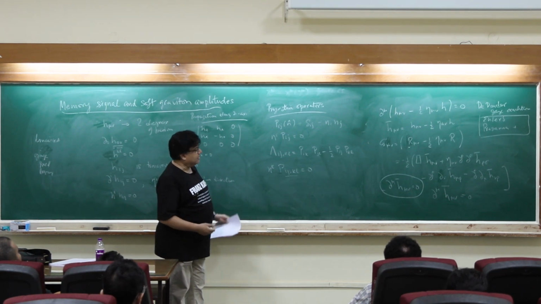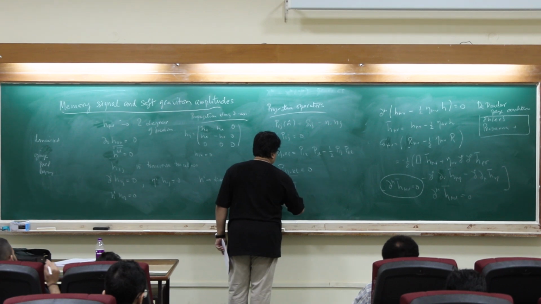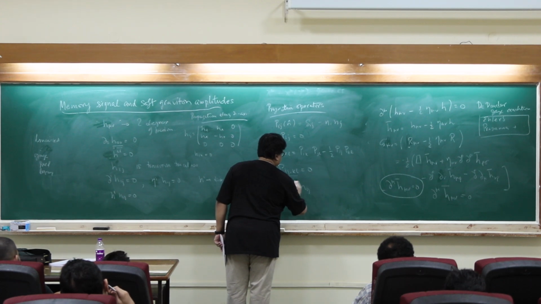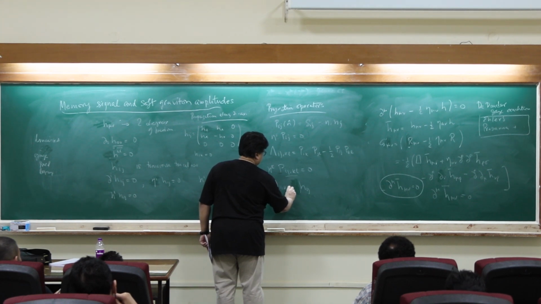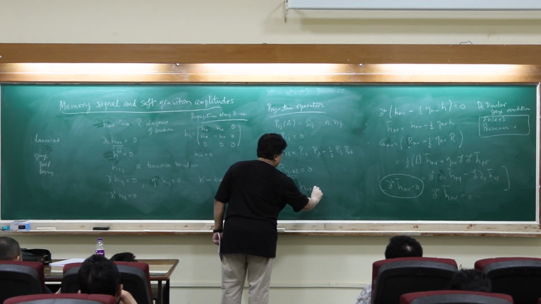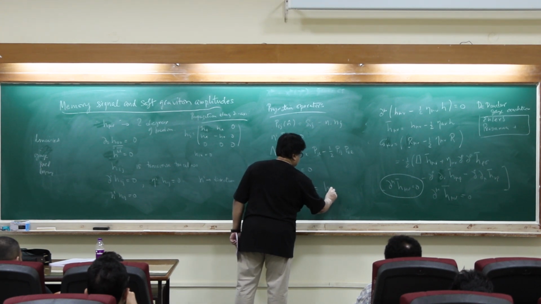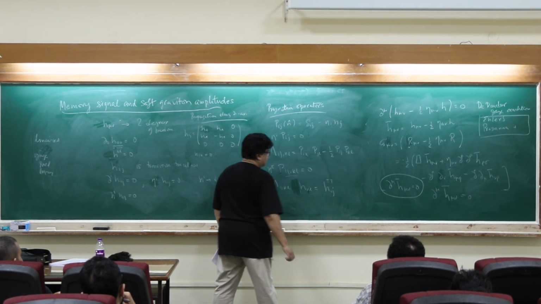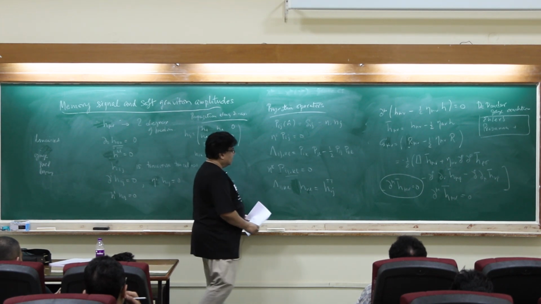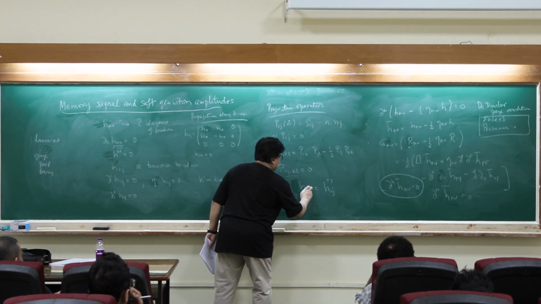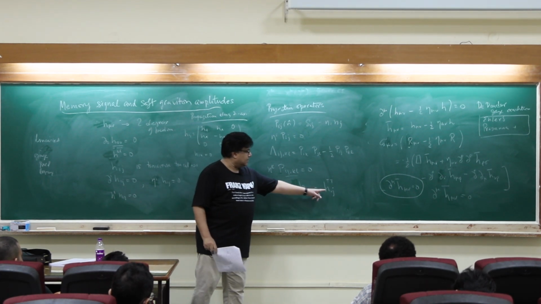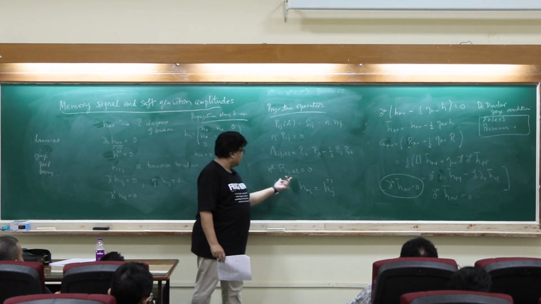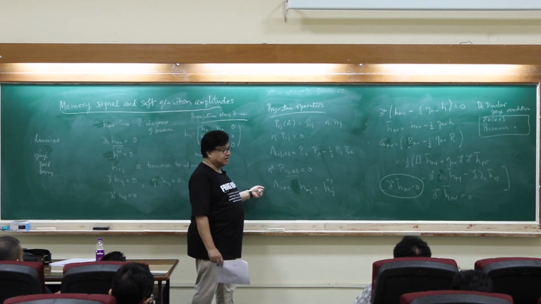So if you have a 2-indexed object, let's say Hij, and you operate with Lambda ij kl and define this object as Hij TT, then this object is transverse and traceless because of the properties of this operator.